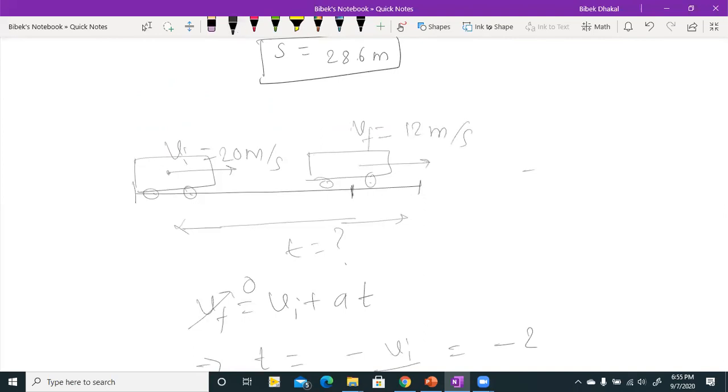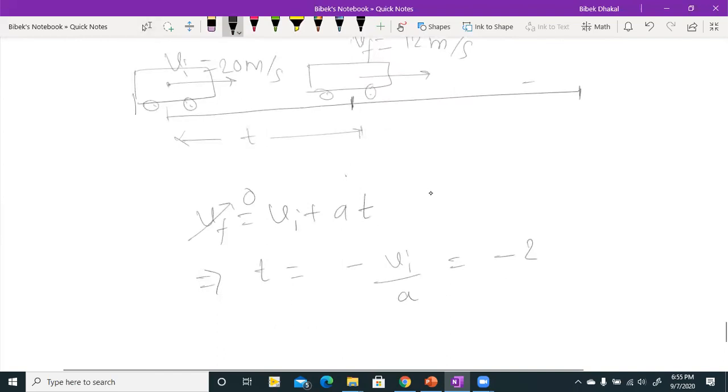And it will come to stop at some point, but not here. It might stop over here, but we need to calculate this time, not the total time. Sorry for that. So the time that the car takes to reach from this velocity to this velocity. So that means this final velocity is not 0. So it's 12 meters per second.